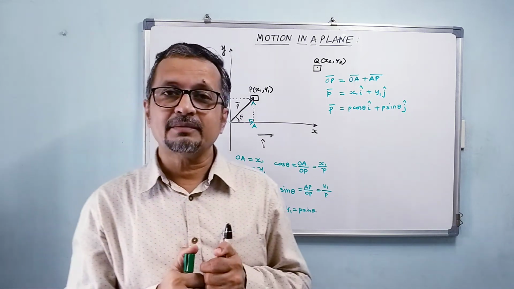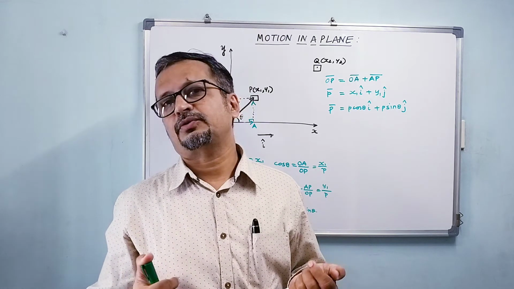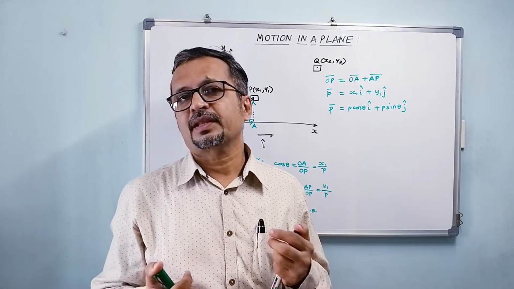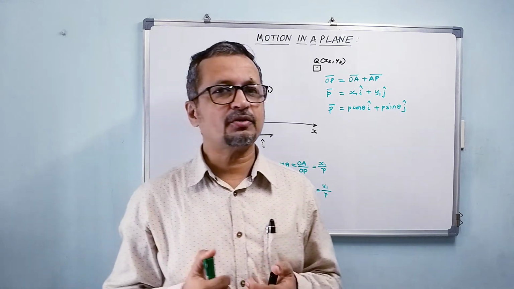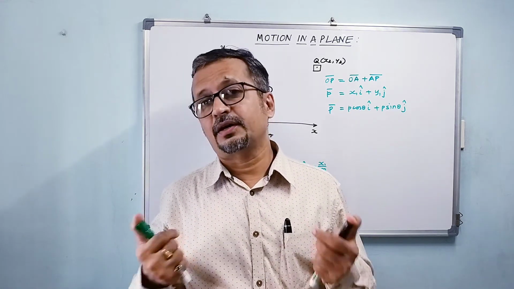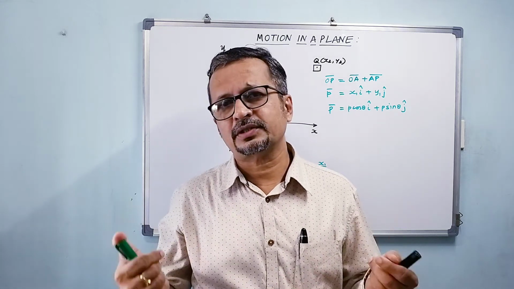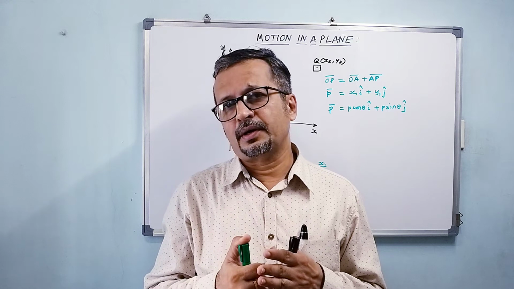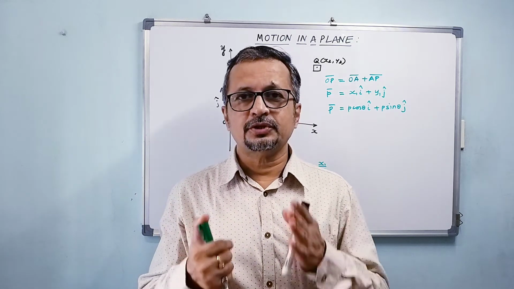Now the same thing can be applied to velocities, same thing can be applied to accelerations and so on, because if you are differentiating displacement with respect to time, you are going to get velocity. If you differentiate velocity with respect to time, you are going to get acceleration. So that is how it works, and that is how we would be learning this motion in 2 dimensions.